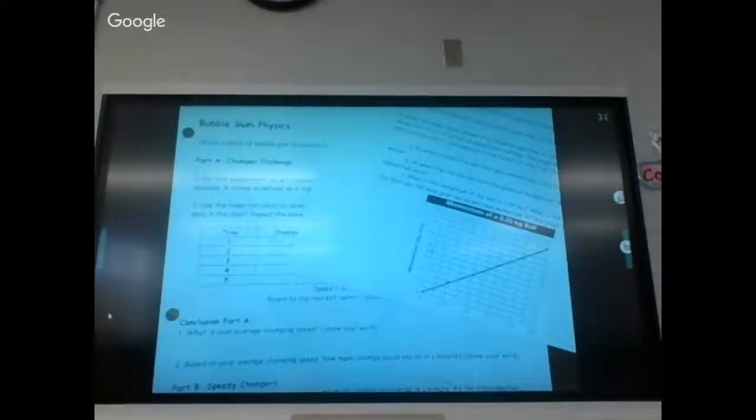Add them all up and divide them. And do it with number one. Just speed. Just speed for number one. And do those things have units on them?